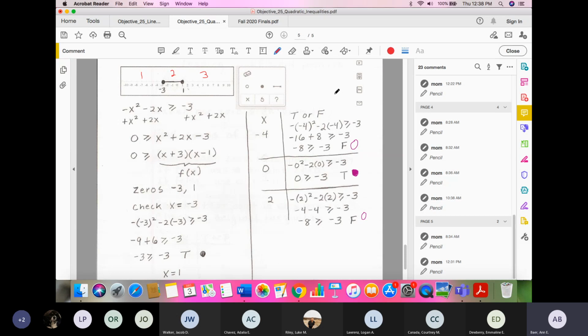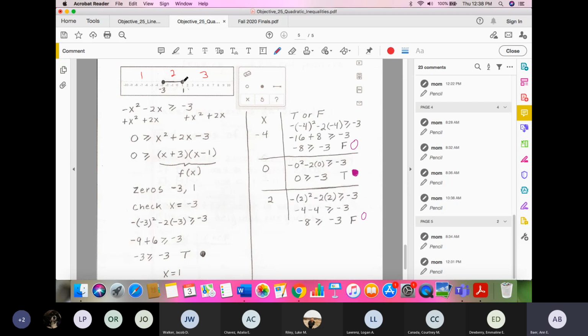And we have to pick a test point in each of those 3 intervals, and test it in the original, given inequality. We need to pick that number off the boundary, so we can't use this, and we can't use this. We can't use the endpoints.